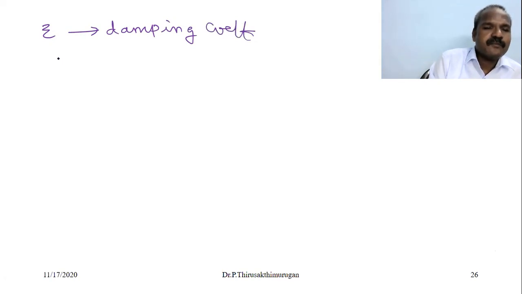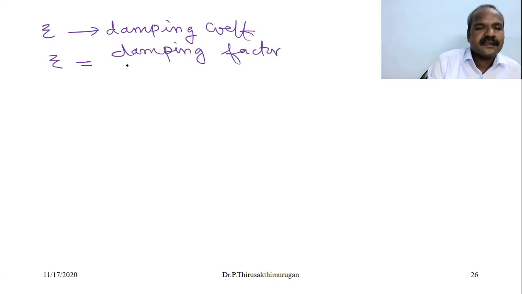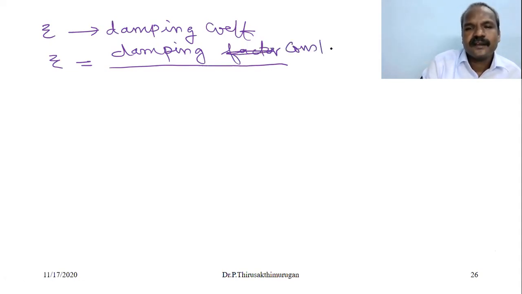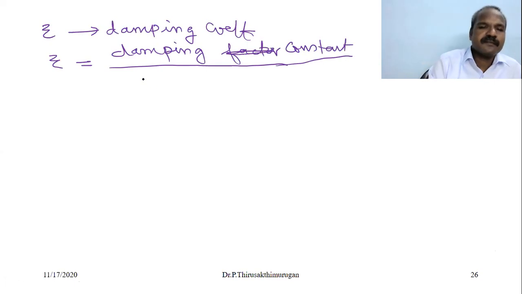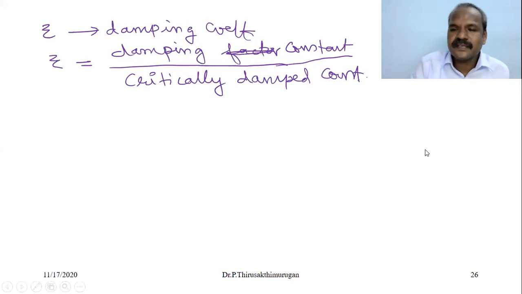The definition is zeta equal to damping constant divided by the critical damping constant.